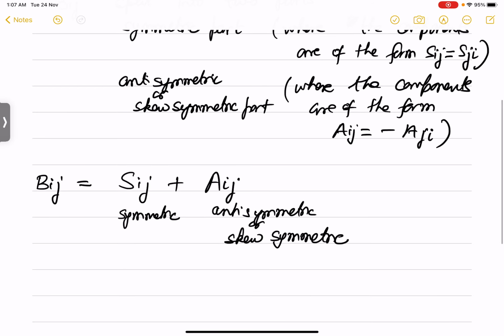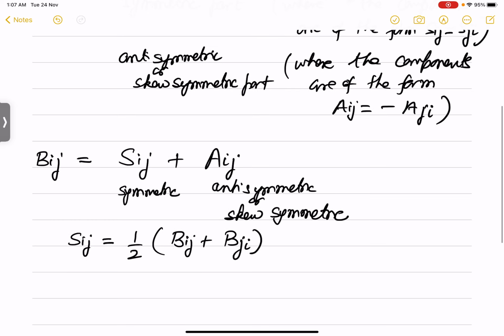Now it's fairly easy to show that Sij we can write as half of Bij plus Bji, and the antisymmetric part Aij can be written as half of Bij minus Bji.